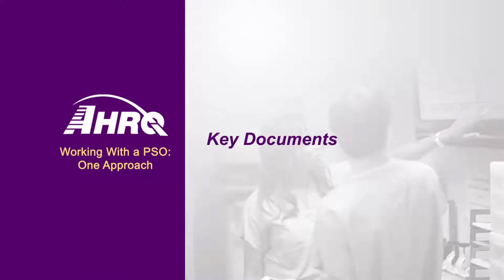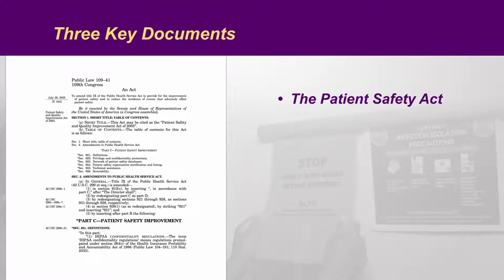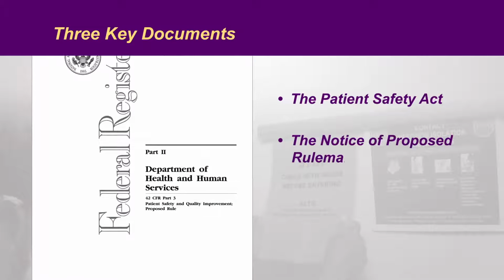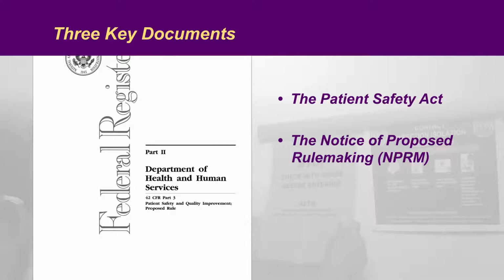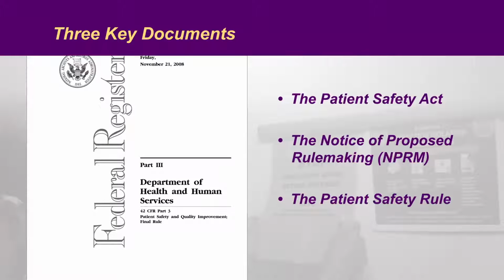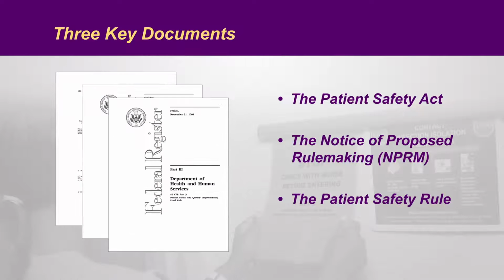Key documents. First, throughout the presentation, we will refer to three key documents: the Patient Safety Act, formerly known as the Patient Safety and Quality Improvement Act of 2005, the proposed implementing regulation known as the Notice of Proposed Rulemaking, or NPRM, and the final implementing regulation known as the Patient Safety Rule, the final rule, or just the rule.